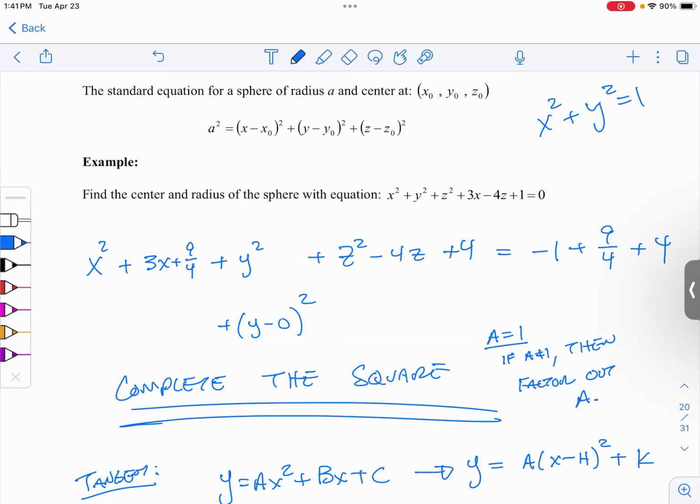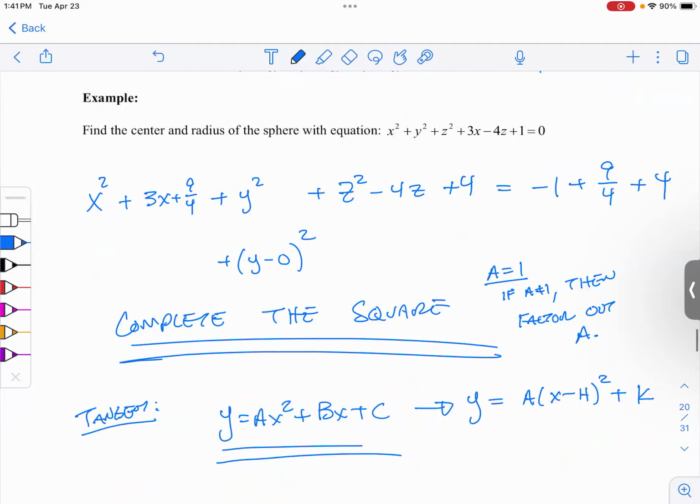This one you should be able to see. This is z minus what? Z minus what quantity squared? Z minus 2. And I can clearly see that because 2 times 2 makes 4. This one I have to look and be like, gosh, what times what makes 9/4? And that one's actually still not bad, it's 3/2.